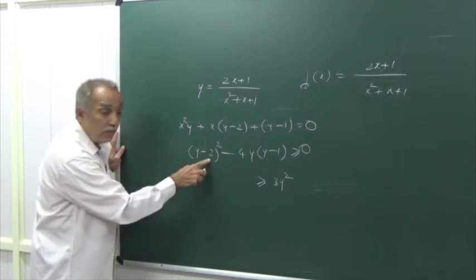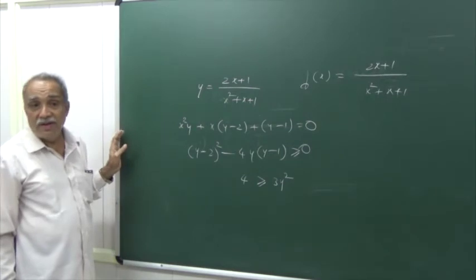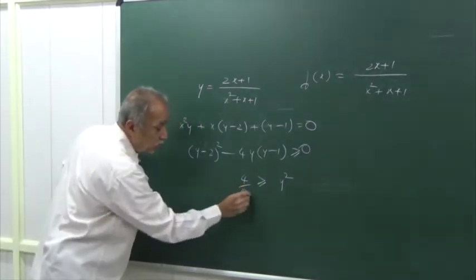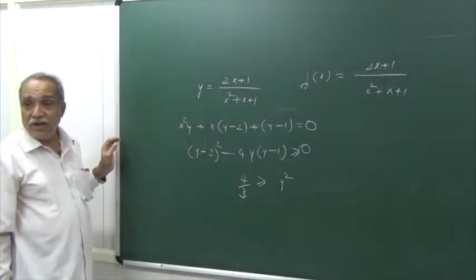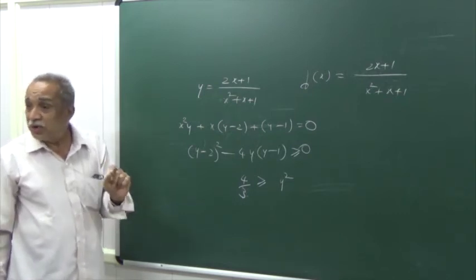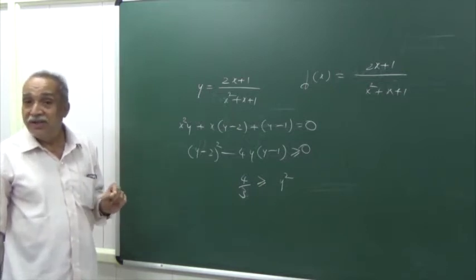Plus 4. Okay. Y square is less than or equal to 4 by 3. When does y square be less than or equal to 4 by 3? For what values of y do you get y square less than or equal to 4 by 3?